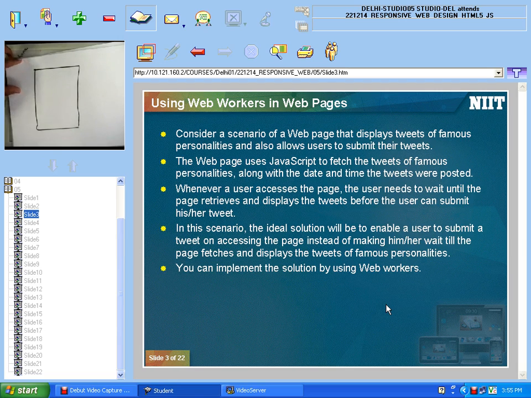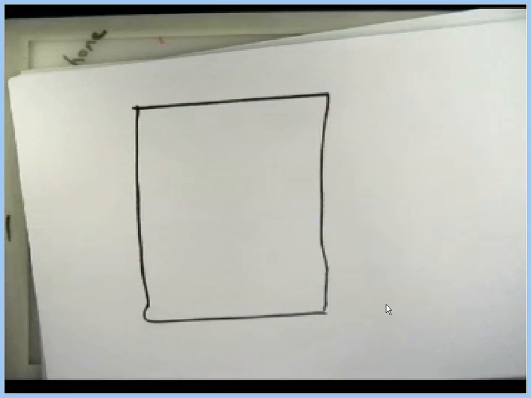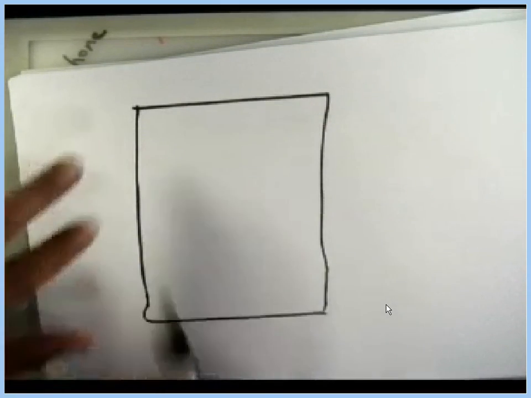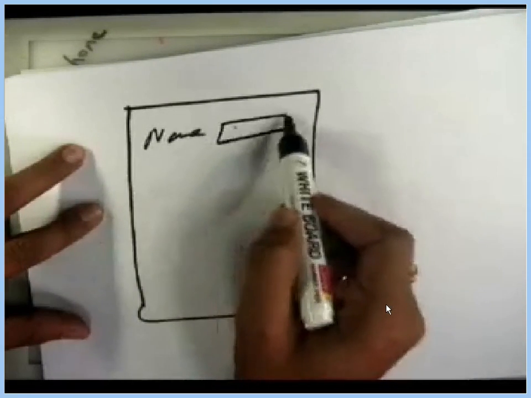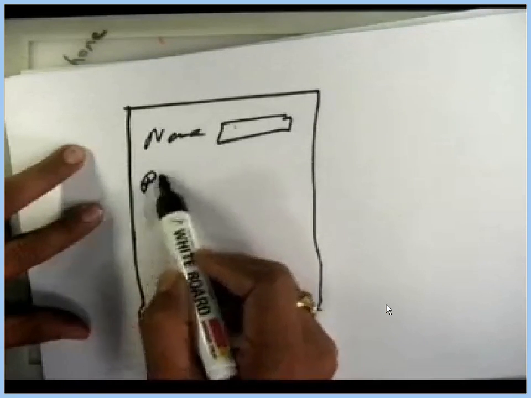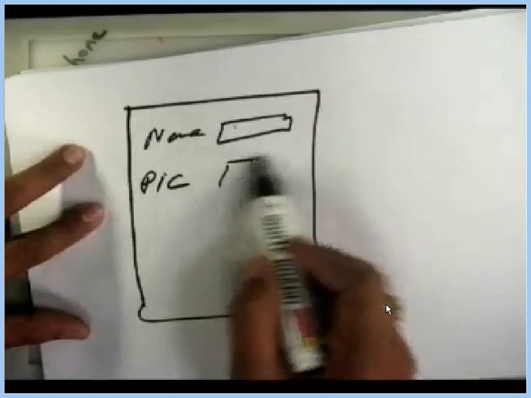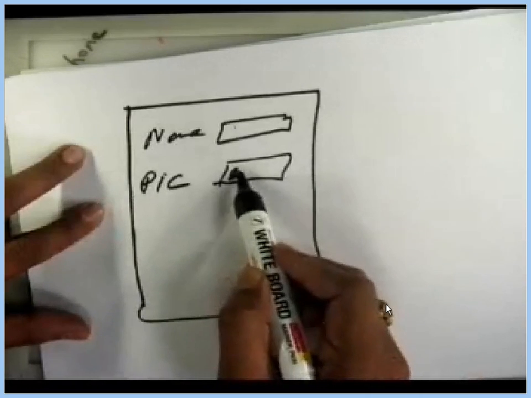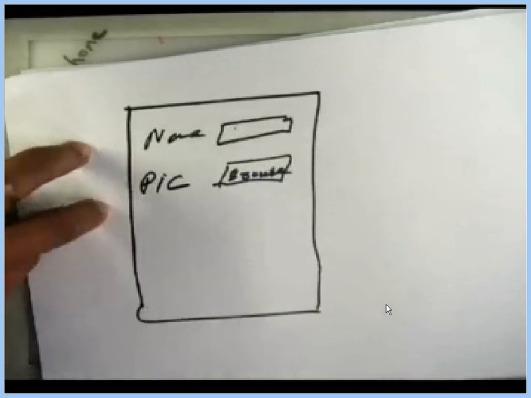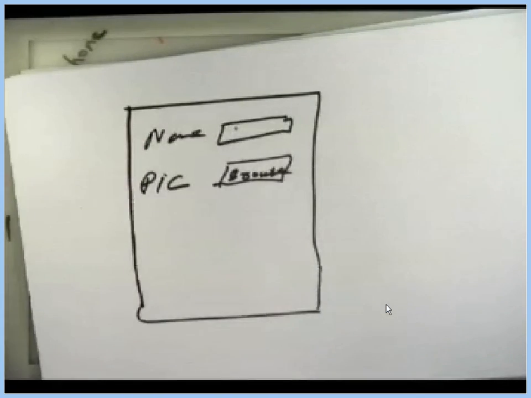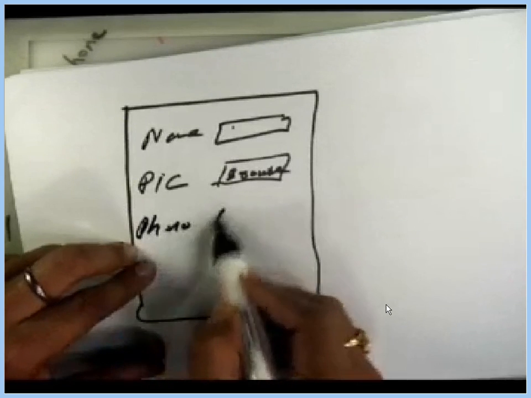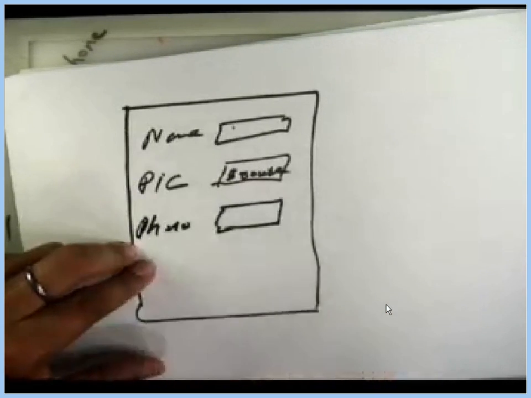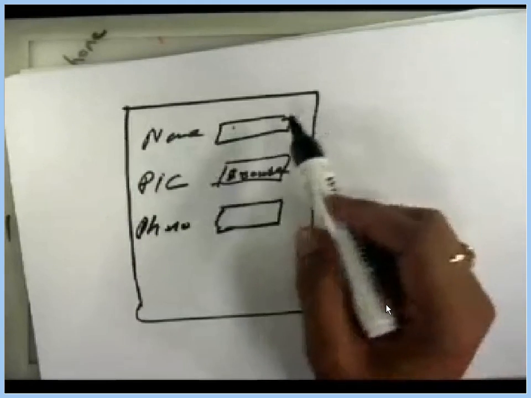So just try to understand that maybe you are trying to use one web page, and that web page consists of a form, and you have some fields given in this form. Now let's say, for example, this is the name.